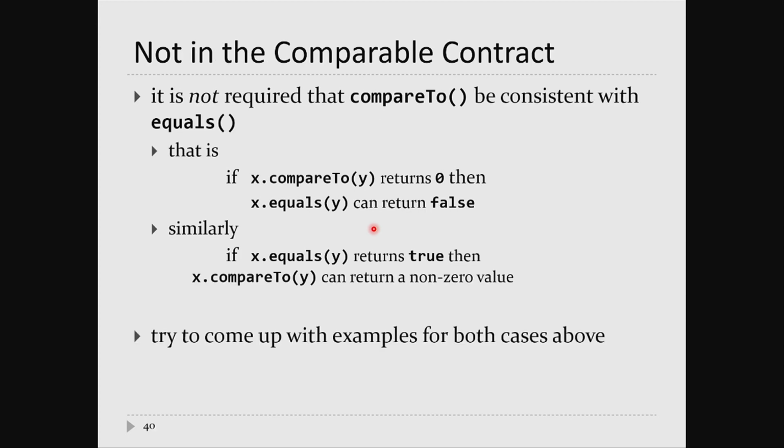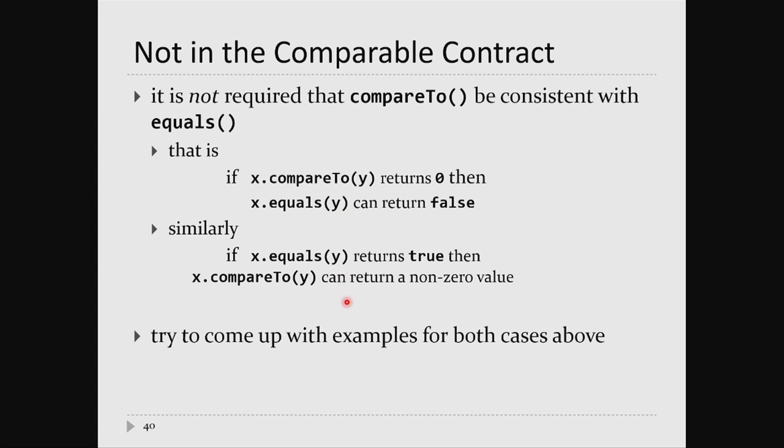It's not required that that be the case. So you can come up with situations where it makes sense where x compared to y returns 0. So as far as compareTo is concerned, the objects are equal when you compare them. But x equals y is false. So as far as equals is concerned, the two objects are not equal.